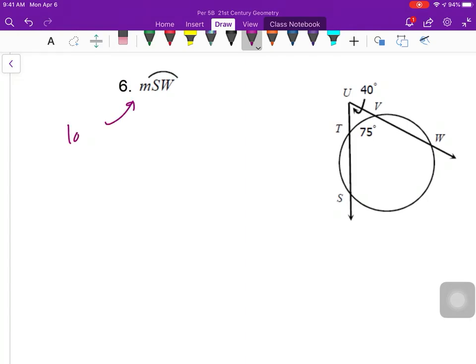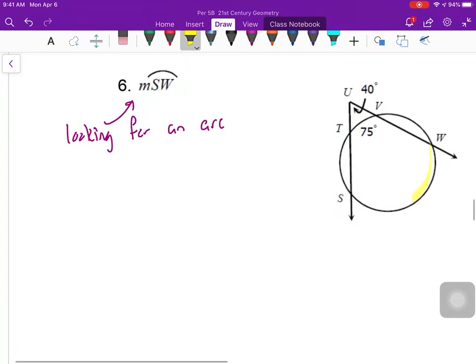Okay, let's try another one. Now, this time it's a little bit different because this time we're looking for the arc. The arc S to W. So the arc we're looking for is this arc out here.